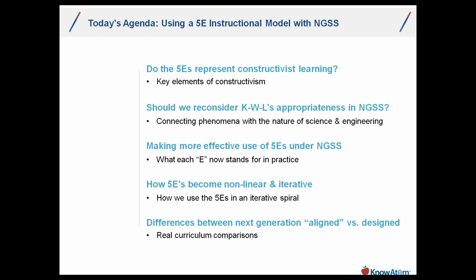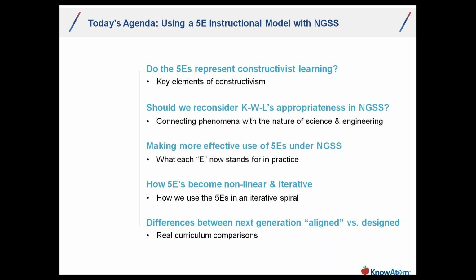So our agenda in looking at the 5 E's and how they're applied best to the Next Generation Science Standards is to take a look at what the 5 E's are and what they represent, thinking about some of the traditional models used in the science and engineering classroom and applied to NGSS, things like KWL charts, textbooks, worksheets, and those kinds of things.